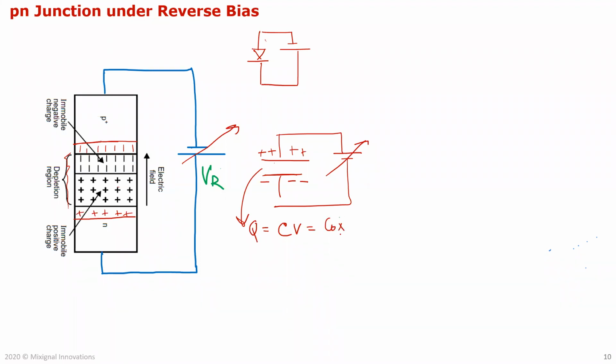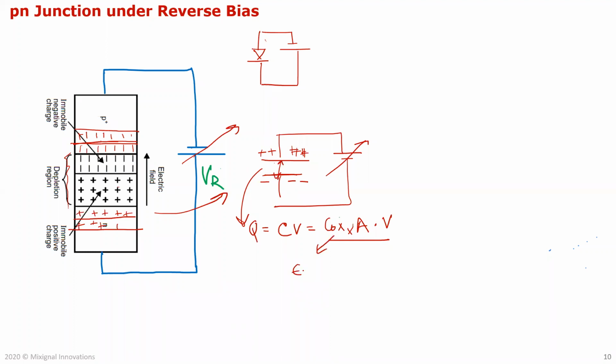Let's say you have oxide, that will be Cox, some microfarad per micrometer squared, times the area, times V. So that's the amount of charge which will be building up depending on the potential. The same thing appears here: as I keep increasing the voltage, more charge keeps building.